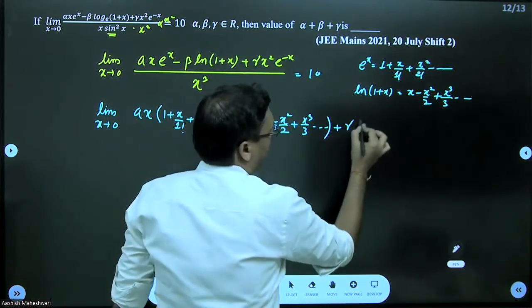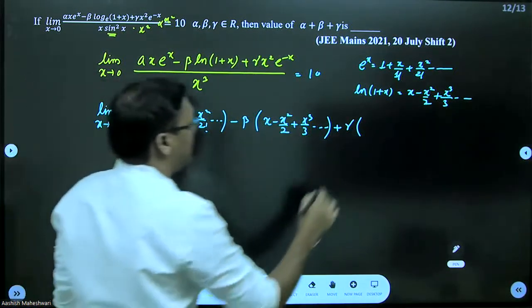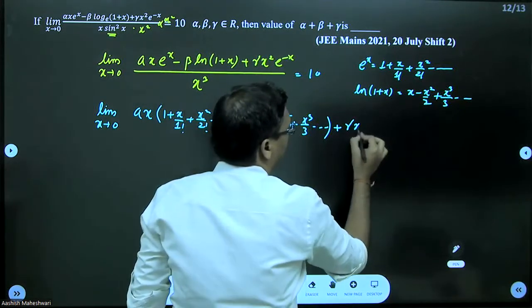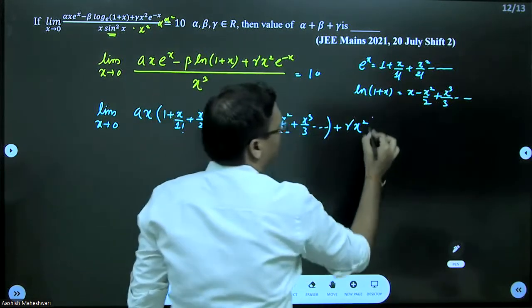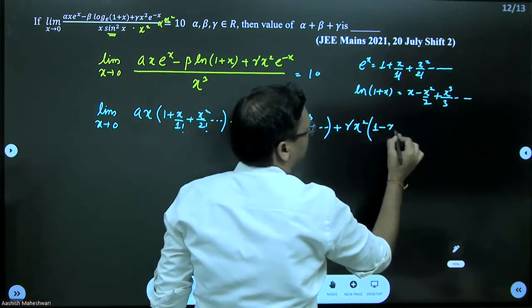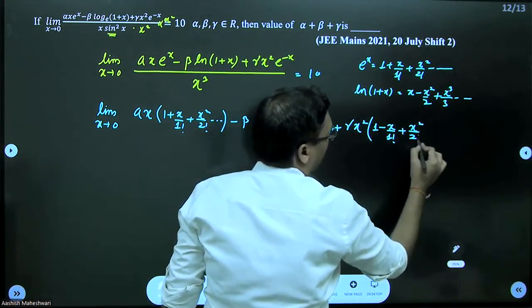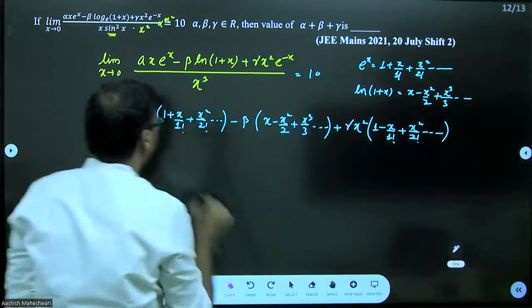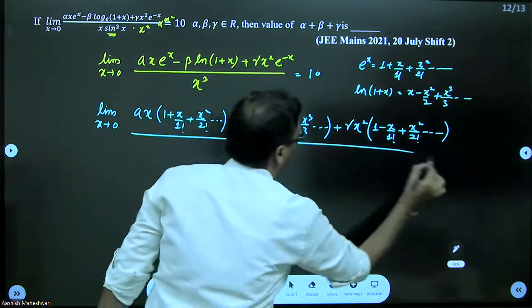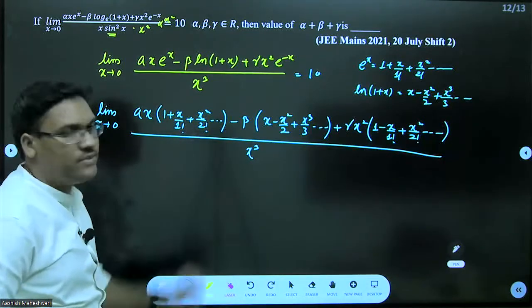Plus gamma, this is x square. We have x square also. And what is the expansion of e raised to minus x? So put minus x in it. This is 1 minus x upon 1 factorial plus x square upon 2 factorial, and so on. Divide by x cube. Okay, this is the expression we have.